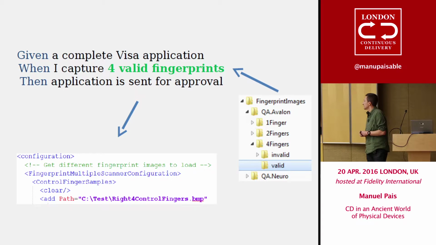For those who are not familiar, look at it as a test case, where given is the precondition, when is the action, and then is the result you want to verify. In this example, for this scenario, we needed valid fingerprints. There are different modes, but normally you can take 4 fingerprints at the same time with one scan.